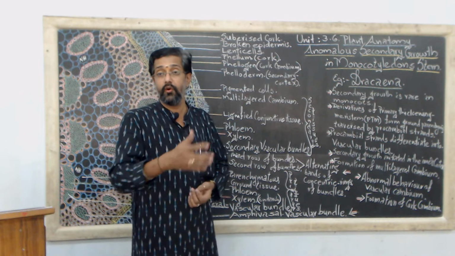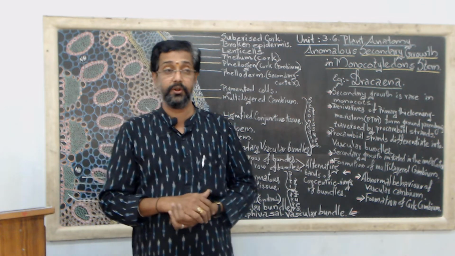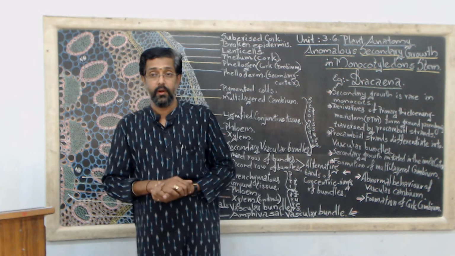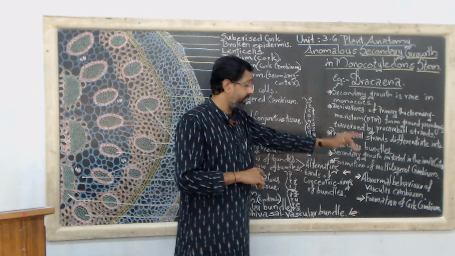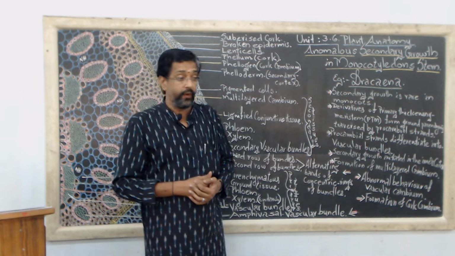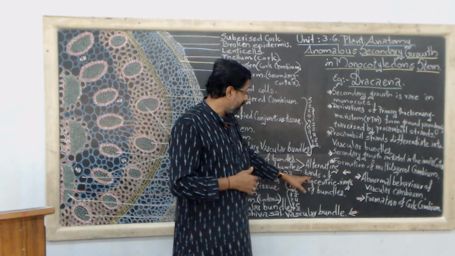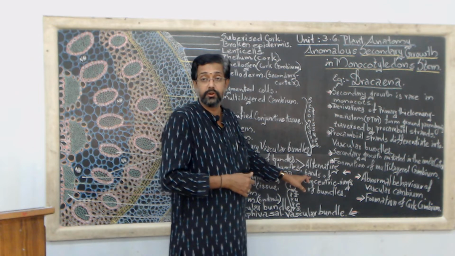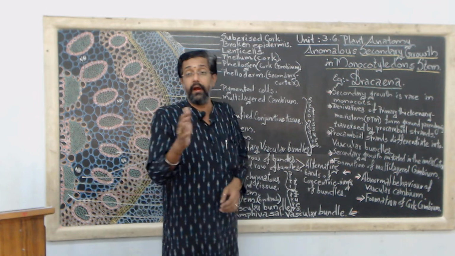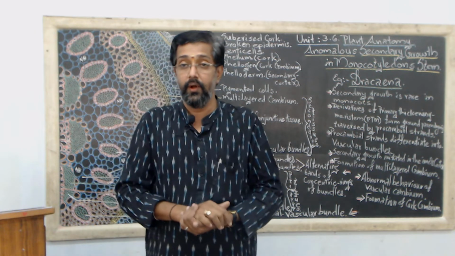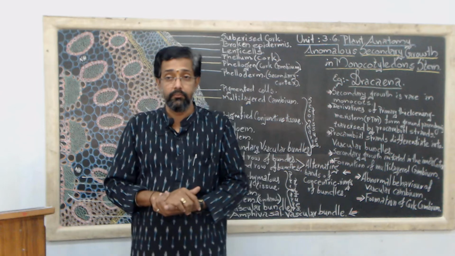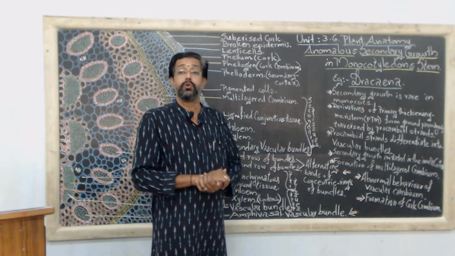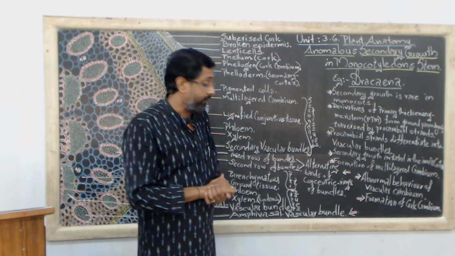Because the second row of bundles and third row of bundles, or subsequent rows of bundles, which are formed in the ground parenchyma from the multilayered cambium, are oriented in such a fashion, that is alternating bands, because the alternating locations of the multilayered cambium derive the vascular bundles, that is xylem and phloem.